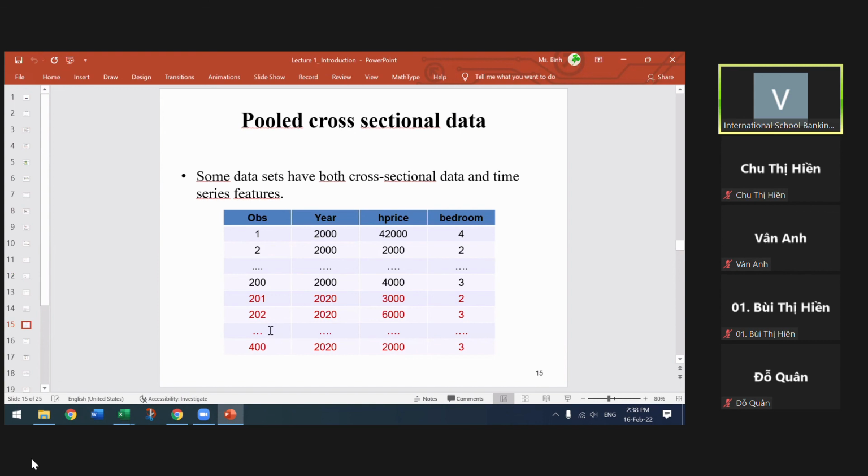The sample could be different, but the variables must be the same: the house price, number of bedrooms, the square footage, the location of the house, and other information. So we have one sample in the year 2000 and one sample in the year 2020. When we pool these two samples together, we have pooled cross-sectional data, right? And pooling these two data sets together is just to increase the sample size.